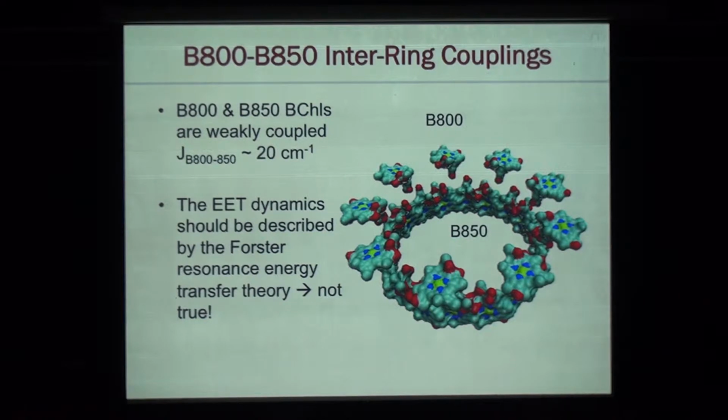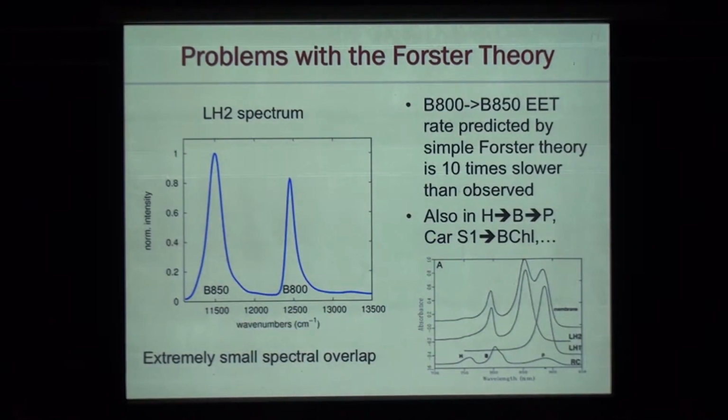But this is not true, because in Förster theory, the rate depends on the spectral overlap term. If you look at the spectra of B850 and B800, their energy difference is very small, so the absorption and emission spectra are not very different. They have a very, very small overlap. So if you calculate the B800 to B850 rate from Förster theory, it's 10 times slower than the numbers that I just gave you before.